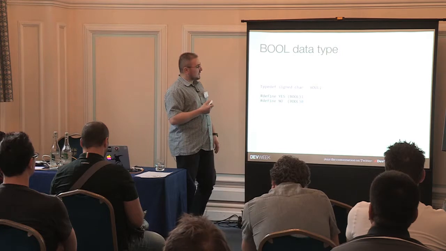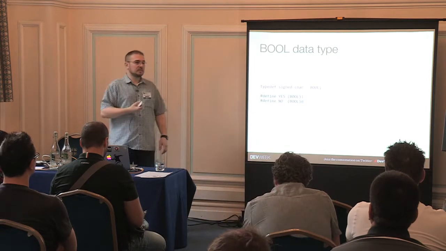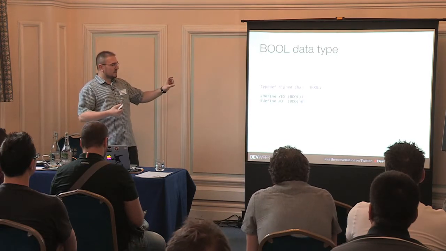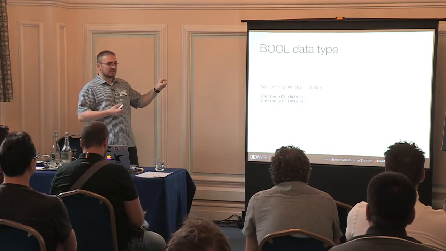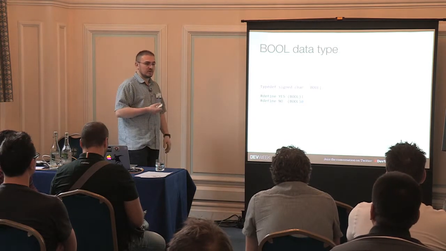Also, Objective-C has BOOL, because this was introduced before boolean was available back in the day. The good thing about this is it defines YES and NO as values. It's much easier to read when you say something equals YES or NO than true and false. It just sometimes makes more sense when you read it.